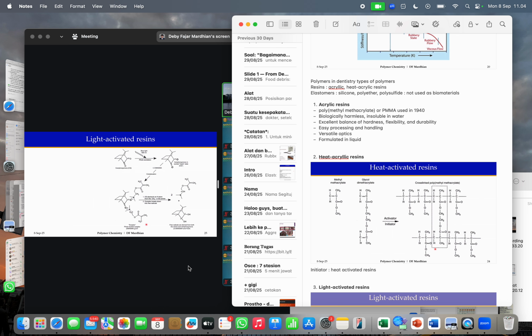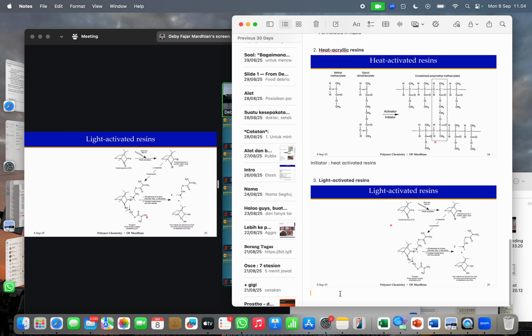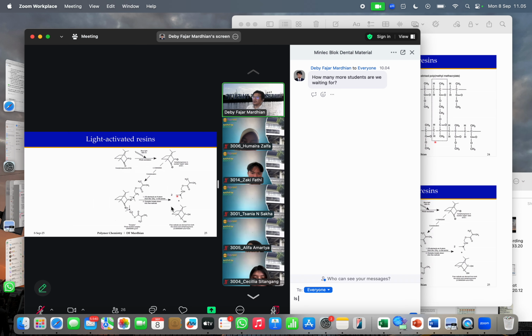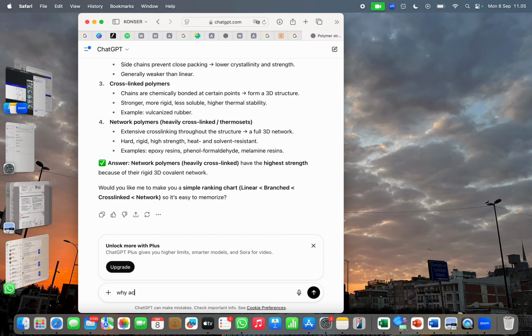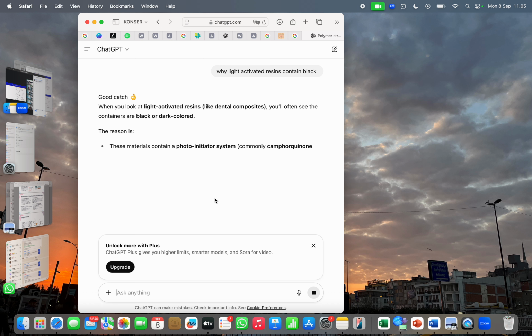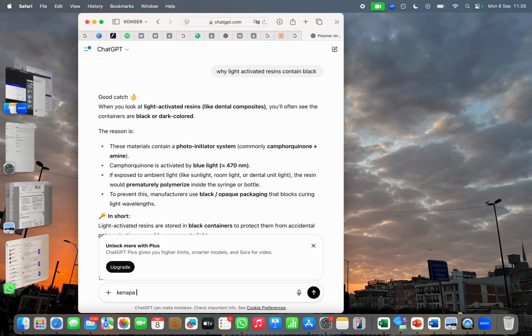So, does anyone know why the light activated resins are stored in black or dark containers?